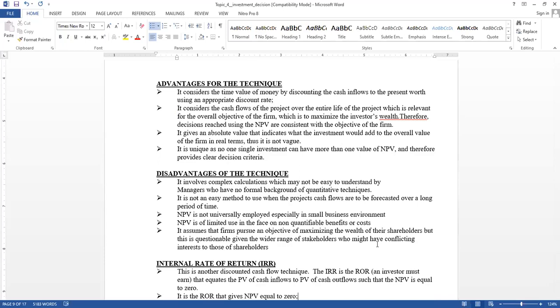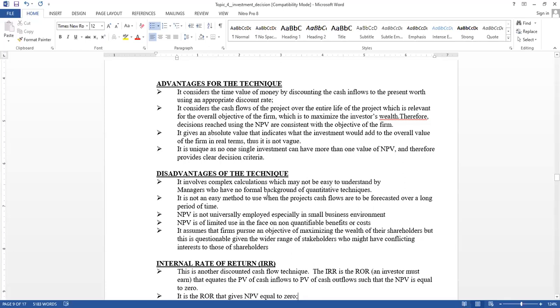Because you may find that, by the way, the cash flows may not be given. Maybe you have to determine the cash flows. So when it involves determining the firm's cash flows, then it becomes a little bit complicated, in other words, to use in evaluating the project.